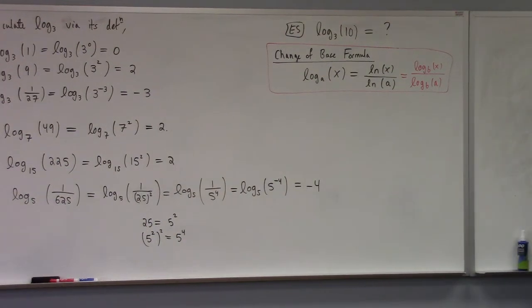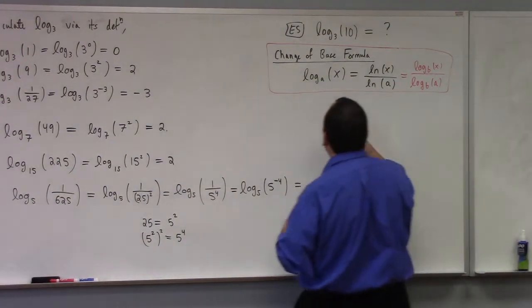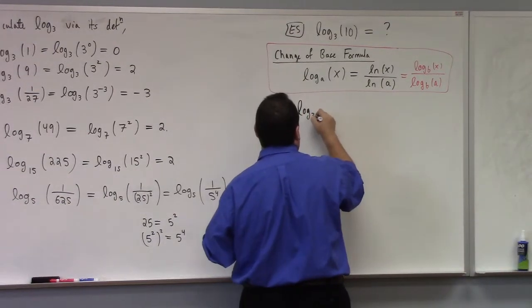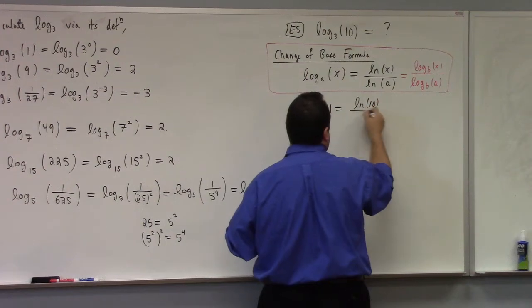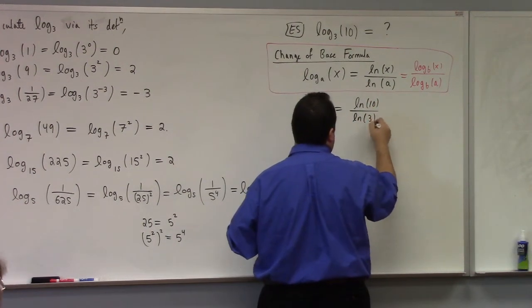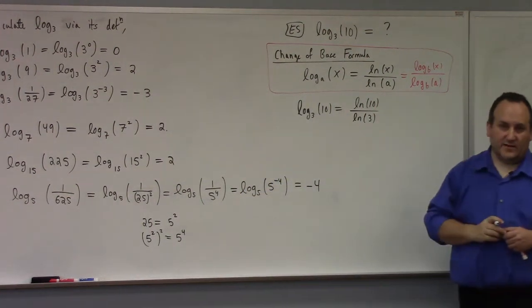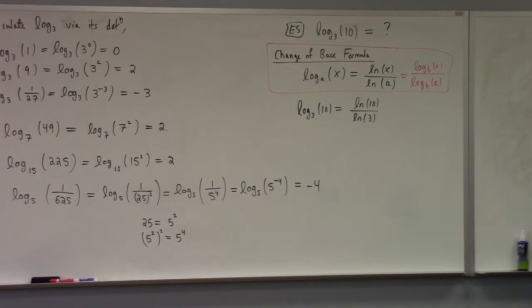Let me show you how. So what's log base 3 of 10? It would be natural log of 10 divided by the natural log of 3. Pretty much all scientific calculators will do natural logs, right? You might have a scientific calculator that does log base 3 directly. I don't know. Does mine? I don't think mine does.